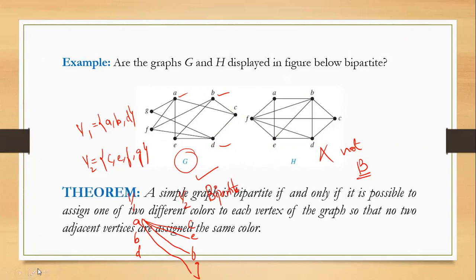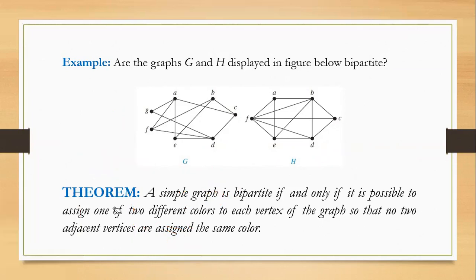Now, based on this, we can see that a simple graph is bipartite if and only if it is possible to assign one of two different colors to each vertex of the graph so that no two adjacent vertices are assigned the same color. That is, suppose you are assigning colors to a graph, then it should be possible to assign two different colors to the vertices.